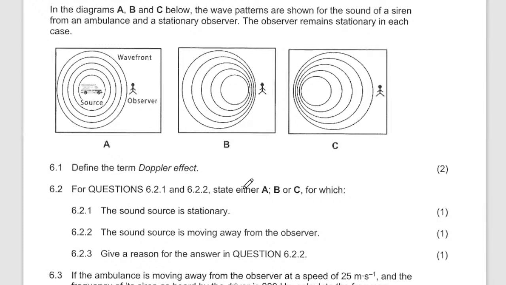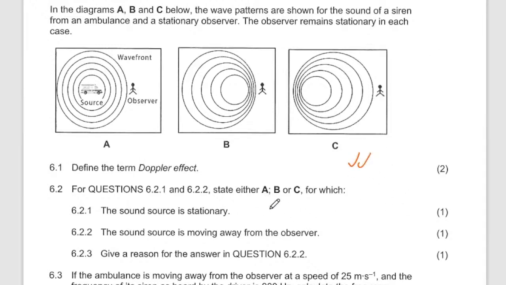Alternatively, it is the apparent change in the frequency or pitch of sound as detected by the listener because of the sound and the listener having different velocities. So that is that.